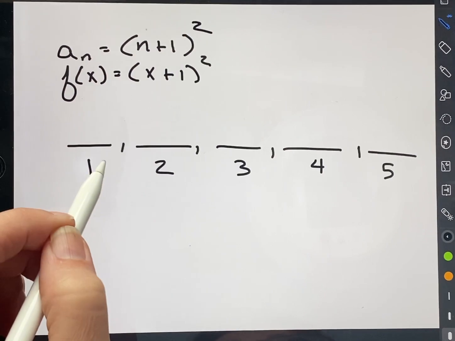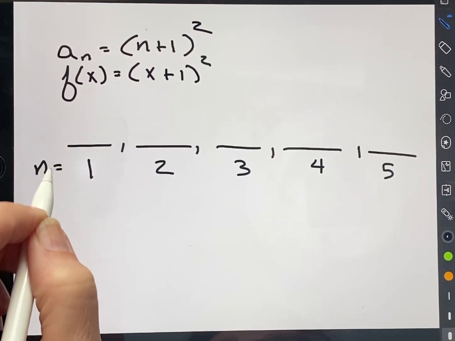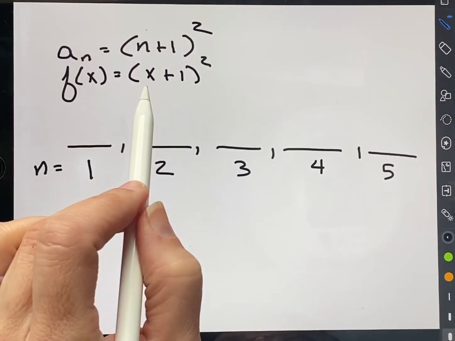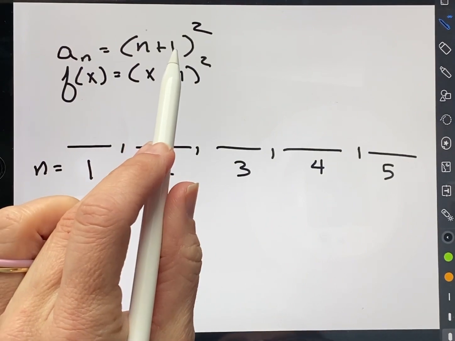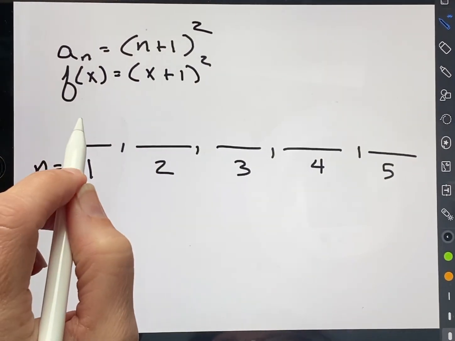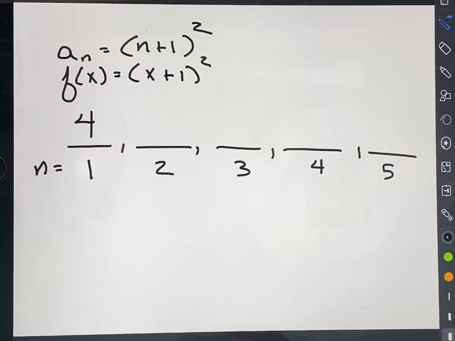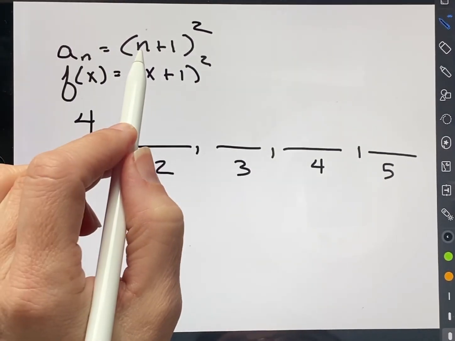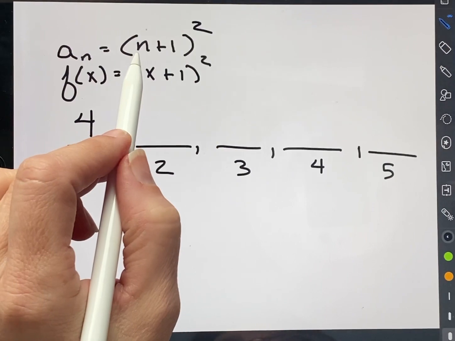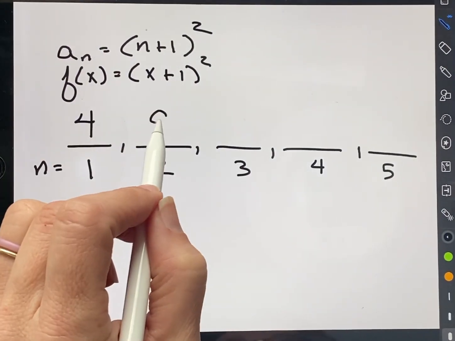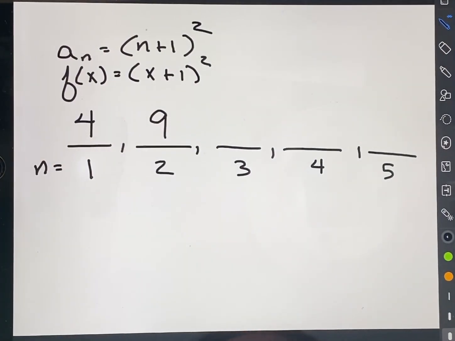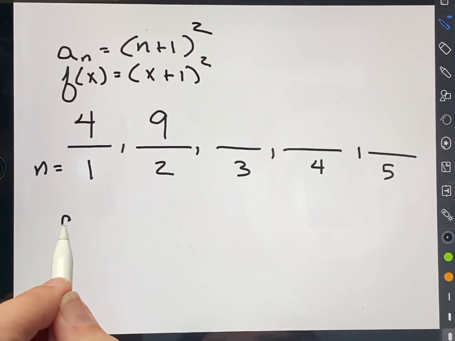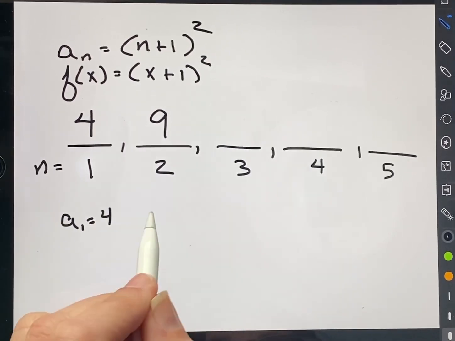So at my first term, when n equals 1, what would I have? I would have 1 plus 1 is 2. 2 squared would be 4. When n equals 2, I'm going to plug it in. 2 plus 1 is 3. 3 squared says my second term would be 9. So I could rewrite it as a sub 1 equals 4.